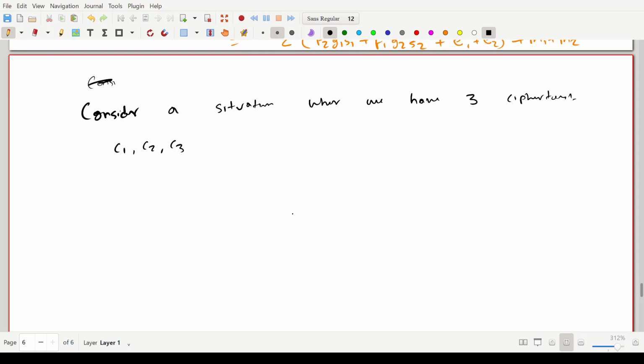And they are encrypted with the secret keys F1, F2, F3. These are the secret keys they are having. So this message M1 is encrypted using the secret key F1. M2 is encrypted with the secret key F2, by using the public key. This is my secret key. I should not write like this, otherwise you'll think that this is symmetric key encryption. No, this is not.